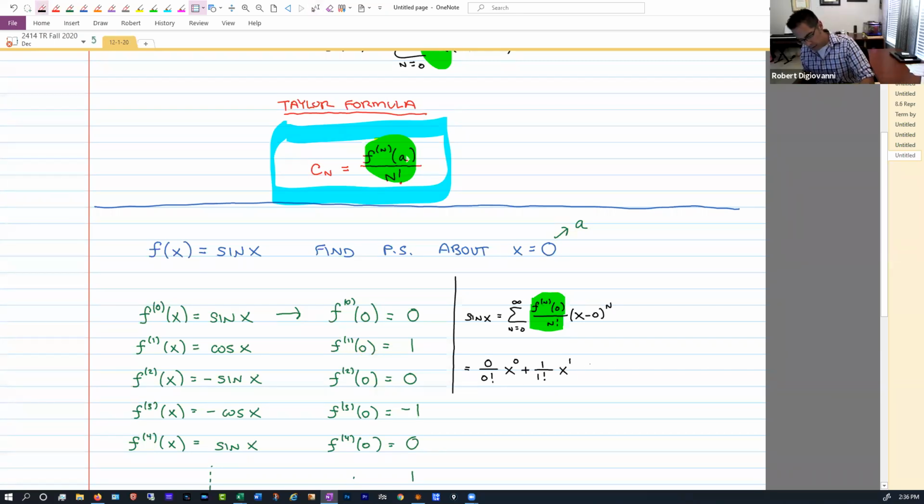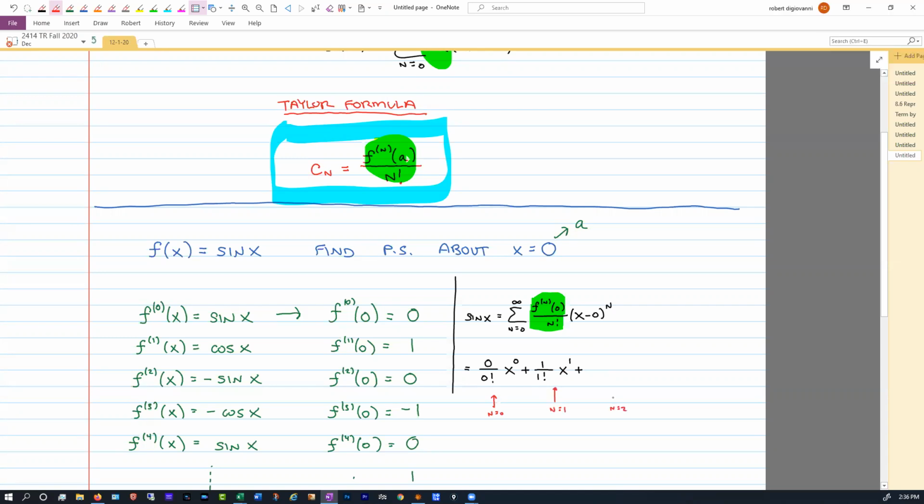Okay, keep going. Plus, now we plug in the next one. That was n is 0, and this was n is 1. What about n is 2? 0 over 2 factorial, x to the 2.